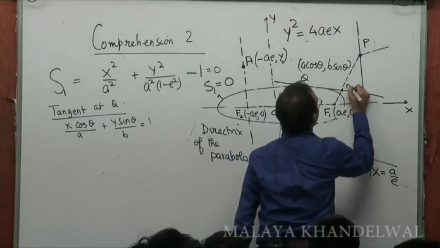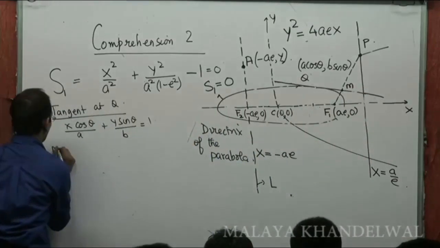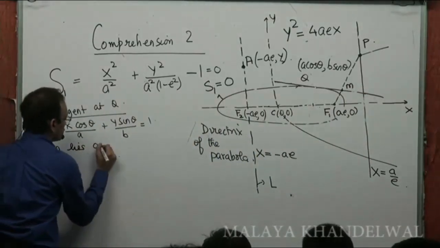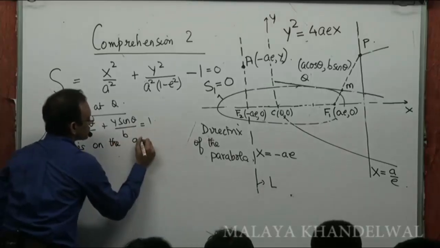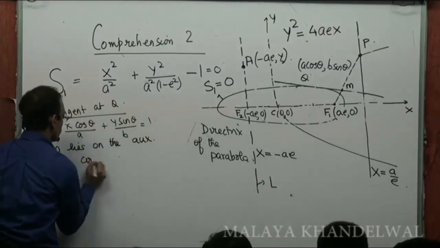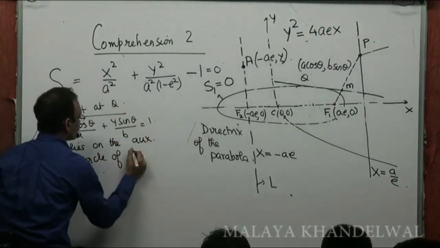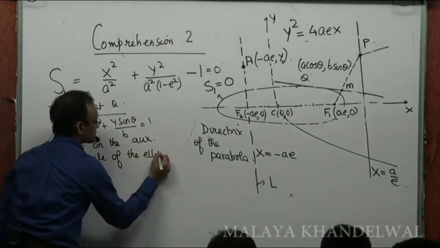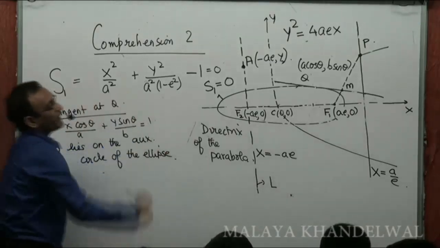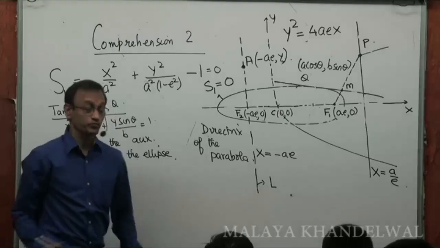This point M, they say M lies on the auxiliary circle of the ellipse.